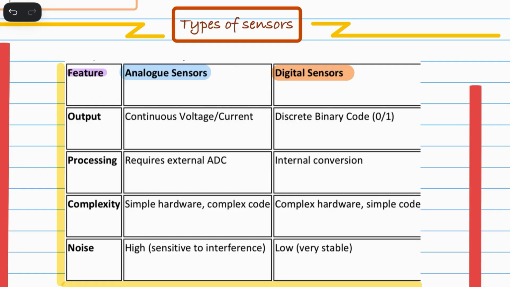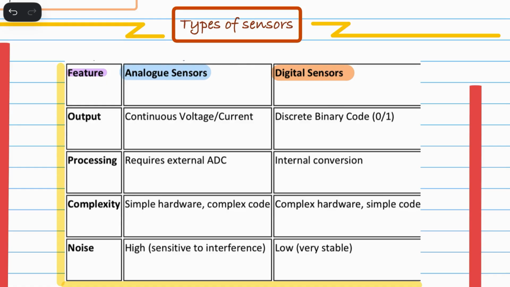In processing, analog sensors require an external ADC, whereas digital sensors have the ADC integrated within them. In complexity, analog has simple hardware and complex code, whereas digital has complex hardware and simple code. Basically, they are opposite in terms of complexity.